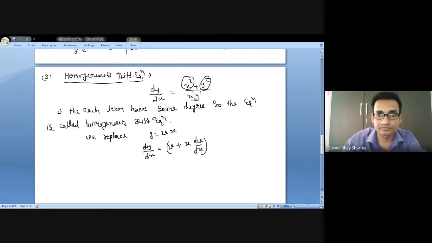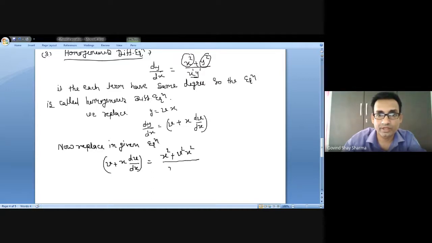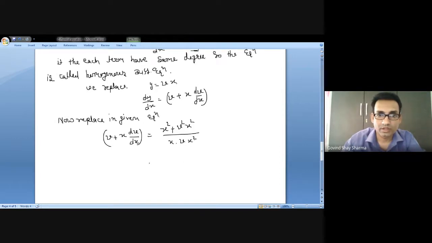Now we put it in the given equation: v plus x dv upon dx is equal to x square plus v square x square upon x square, where x square is common.